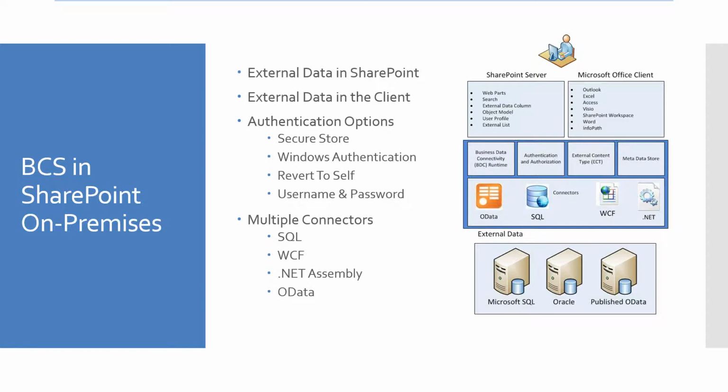Okay, so those of you that are using SharePoint on premises, if you're using SharePoint 2013, this is pretty much the overall diagram of what components make up BCS. So on the server we've got some of those things that we just talked about. We've got the web parts, which are a read-only view of the data. We have the search, so you can search external data.